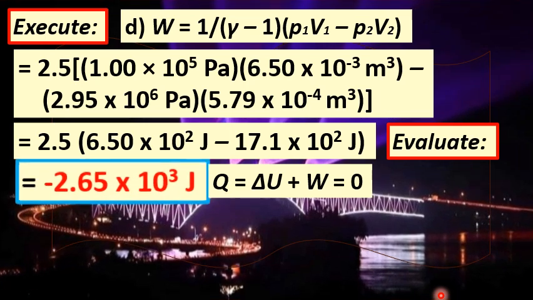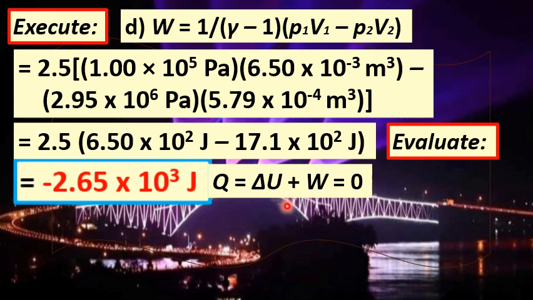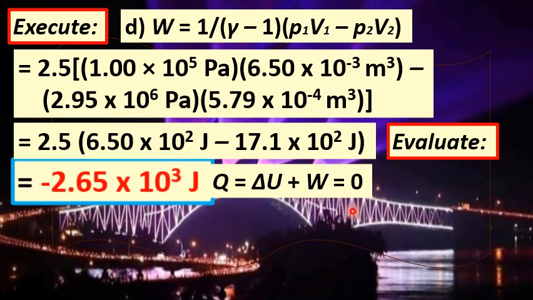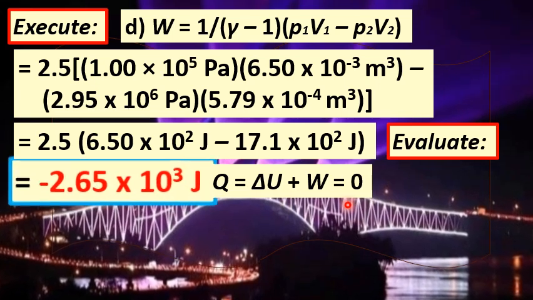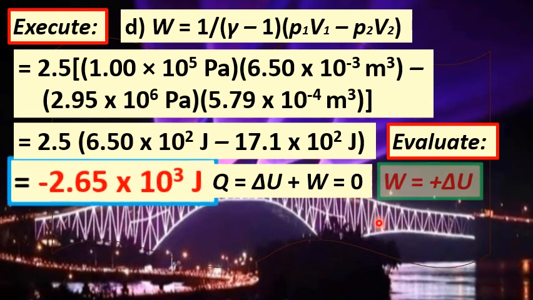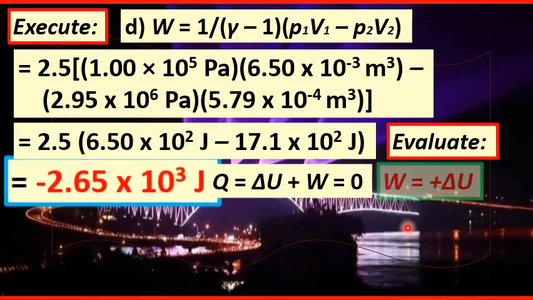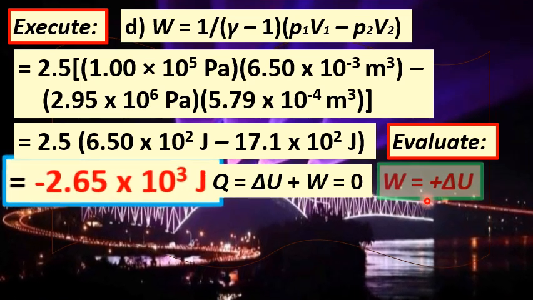That is according to the first law of thermodynamics, where big Q is equal to 0. And we will get the relationship between the work done W and the change in internal energy delta U. That is, the work done is equal to positive delta U.